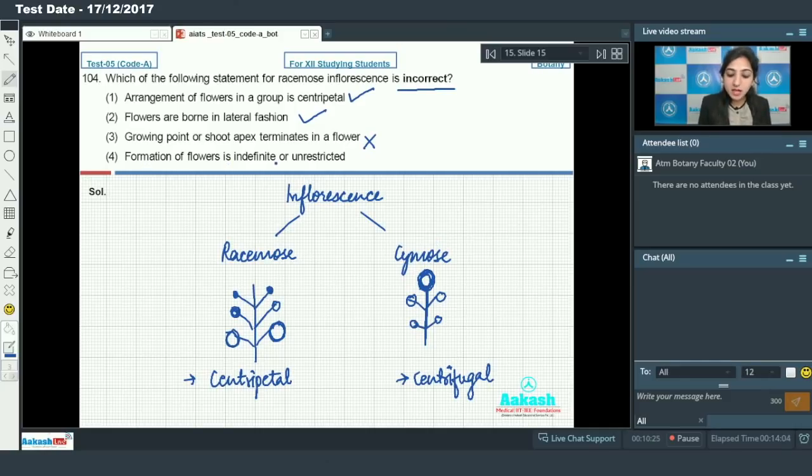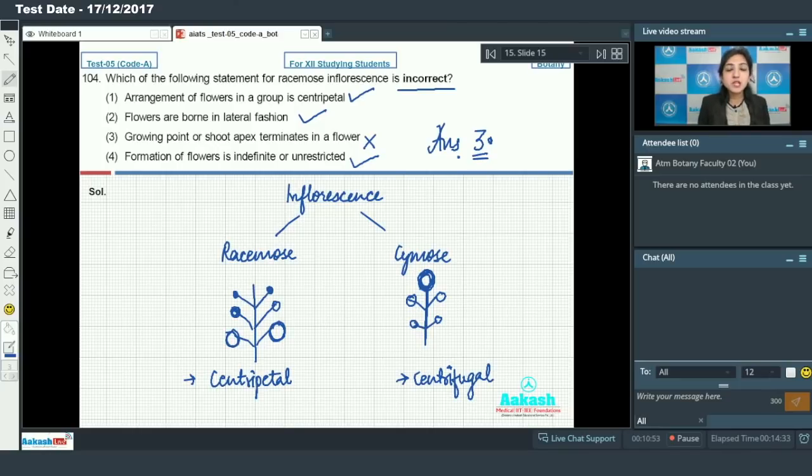Formation of flowers is indefinite and unrestricted. True, because there is no flower at the terminal end or growing point. Due to this, formation of flowers is indefinite and unrestricted. There is continuous growth. Okay, so by this, the incorrect option is 3. So answer to this question is option number 3.